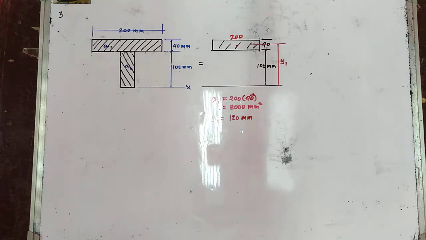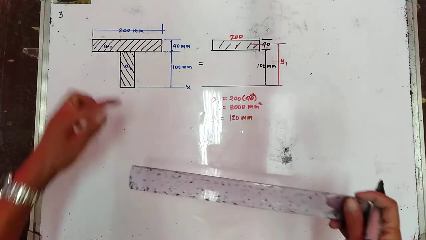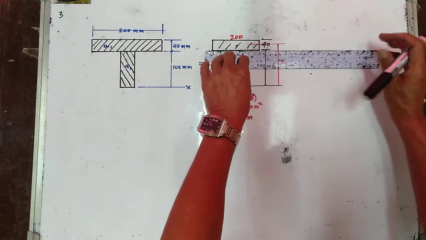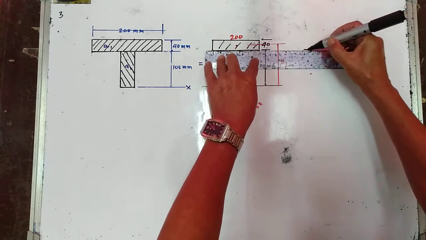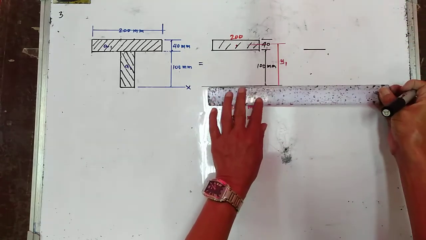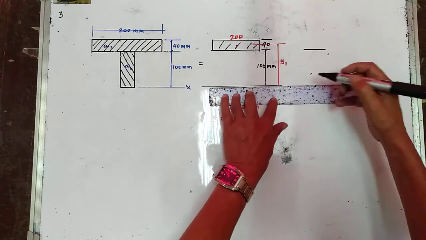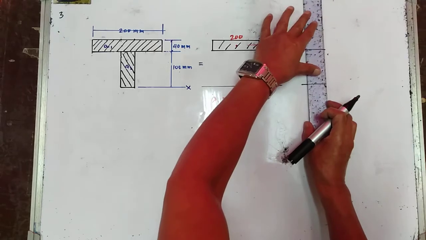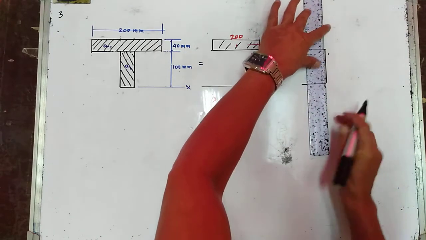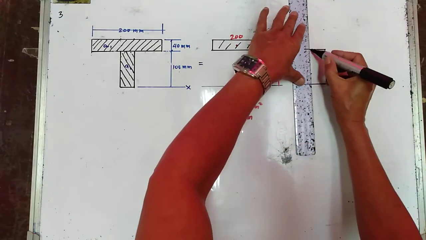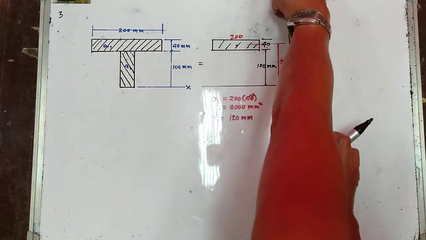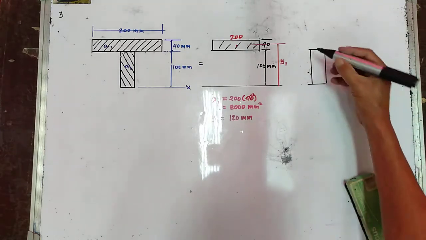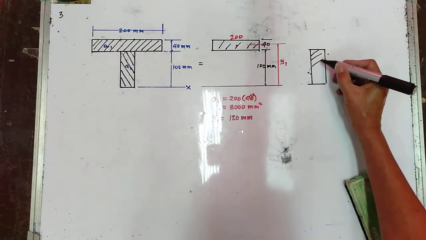Now, plus the second area. So our second area is this area in here. So this is now our second area. So from the x-axis, this is your area 2.